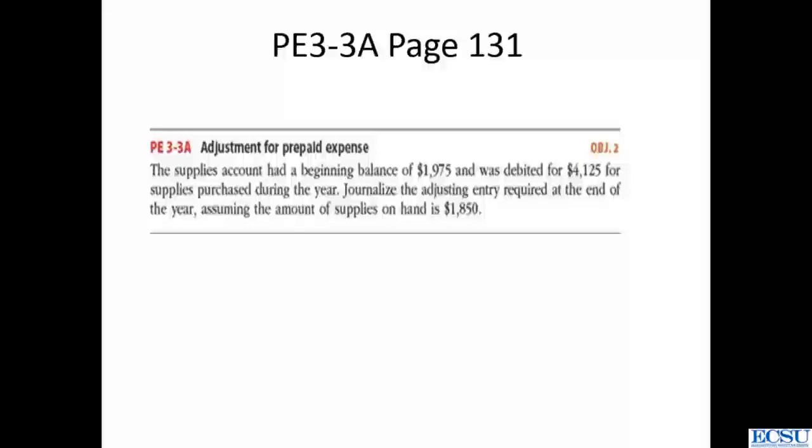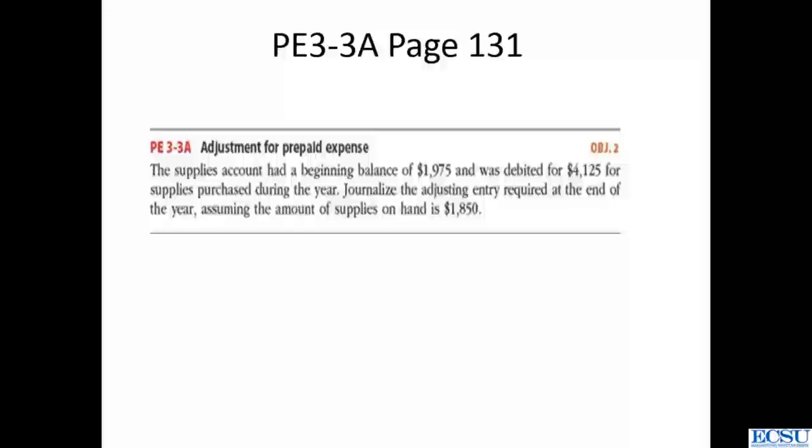So now the total supplies that I have is $6,100. But it says I have supplies in hand only worth $1,850. So it means the difference between the two amounts, $4,250, has been used. Therefore, I need to transfer from the supplies account to the supplies expense account to the extent of $4,250. I repeat the concept again.